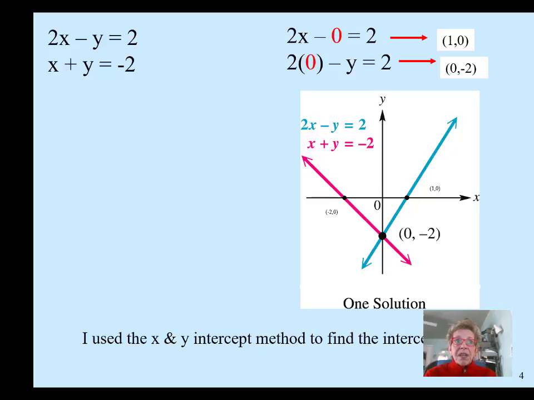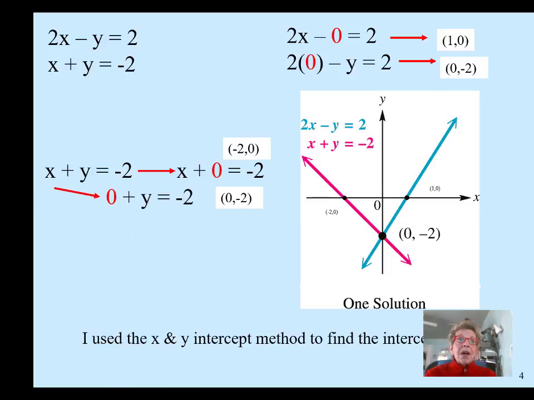The next equation, x plus y equals negative 2, I'm going to use the same exact method. To get the x-intercept, I'm going to put 0 in for y, and that gives me x equals negative 2, so (-2, 0). Then I'm going to put 0 in for x and find the y-intercept, and that's (0, -2). And you'll see that on the red line or the pink line, whatever color you want to call that.